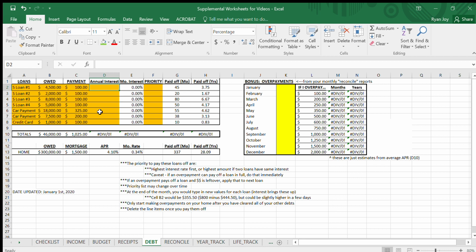So, these could be 4.5, and maybe a couple of these are bad. 6% would be really bad. We'll go 6 and 6.8%, and the car payment.